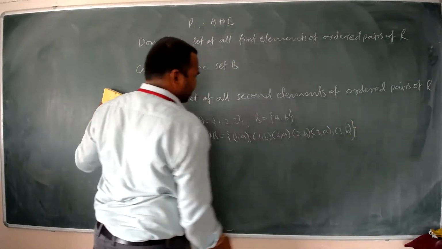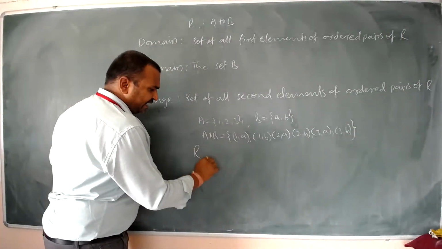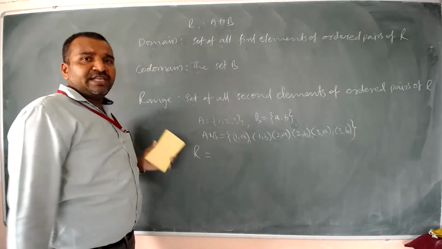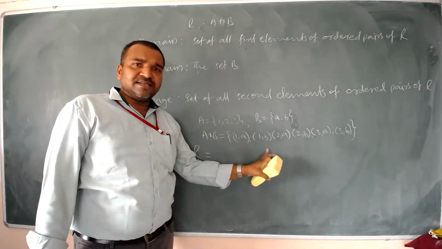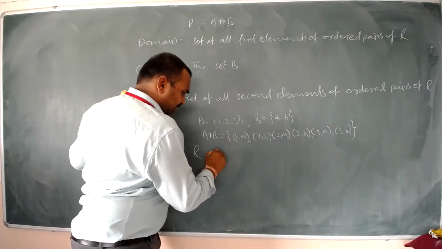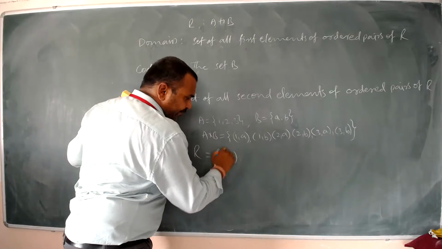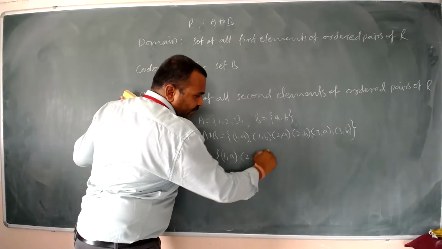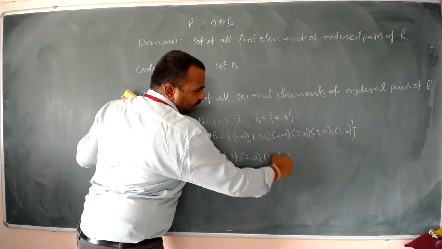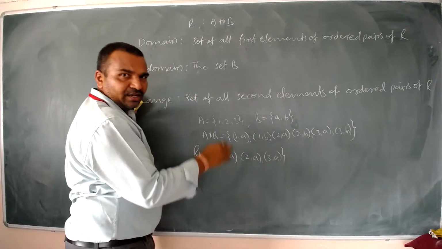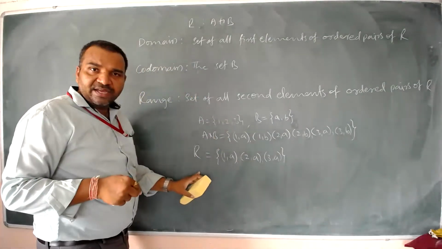This is the Cartesian product. Now I will write a relation. A relation is nothing but a subset. I will take one subset like this: (1,a), (2,a) and (3,a). One subset means compulsorily it is a relation.